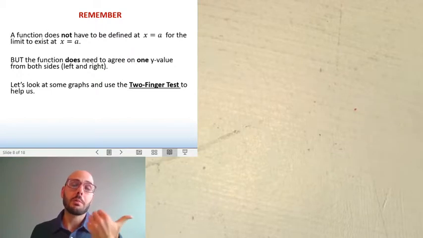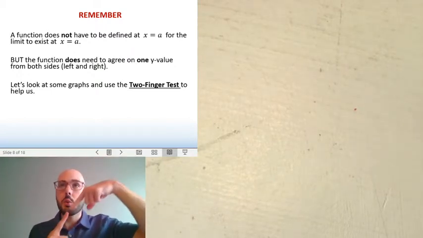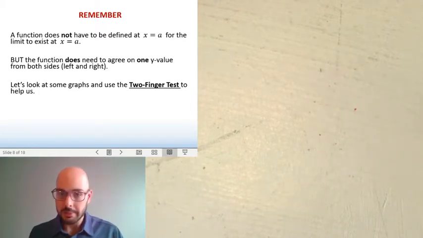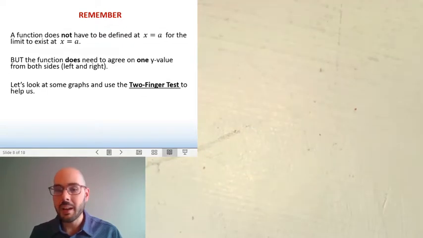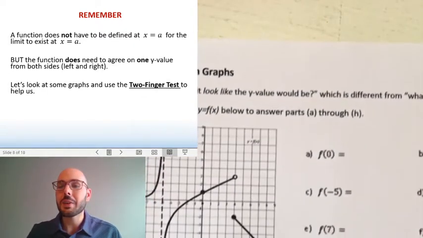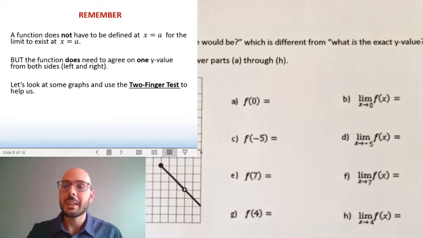That's what we were talking about before in that last example. Our y value has to agree on one y value from both directions in order for the limit to exist. So we're going to look at graphs, keeping these things in mind. And the test that we're going to use for limits on a graph is called the two-finger test. I'll tell you what that is in just a second.